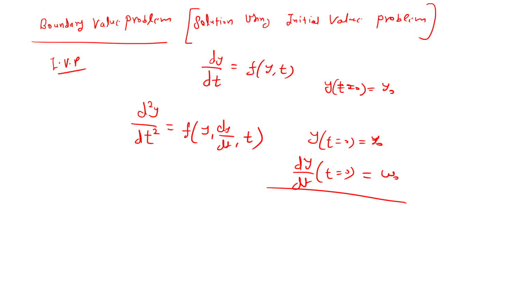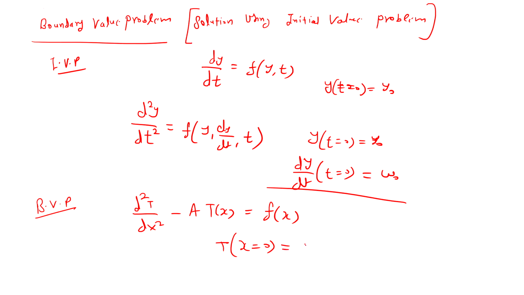But what is the BVP? Boundary value problem is, suppose I have d2T over dx square minus a T x is equal to f of x, and the boundary conditions are given, not the initial condition. T at x equal to 0 is given, that is T hot, and T at x equal to L is given, that is T cold.